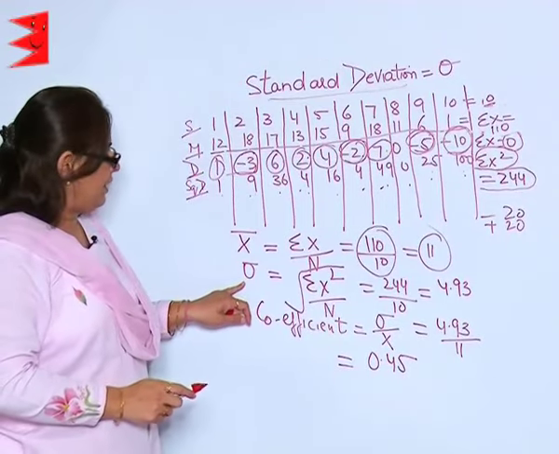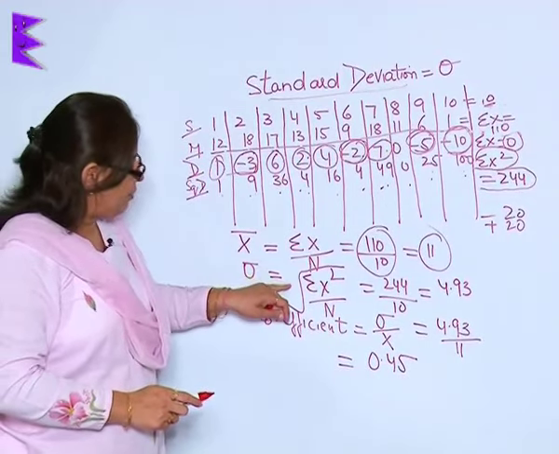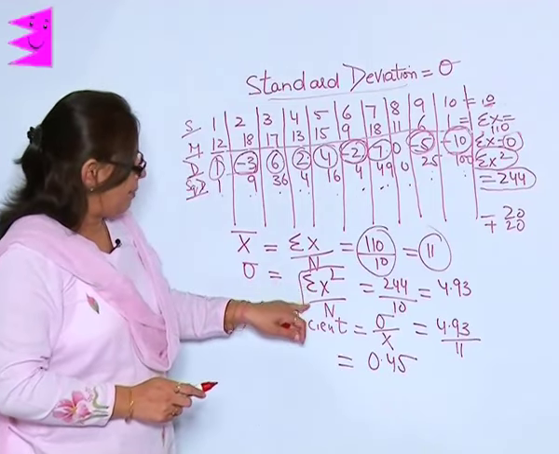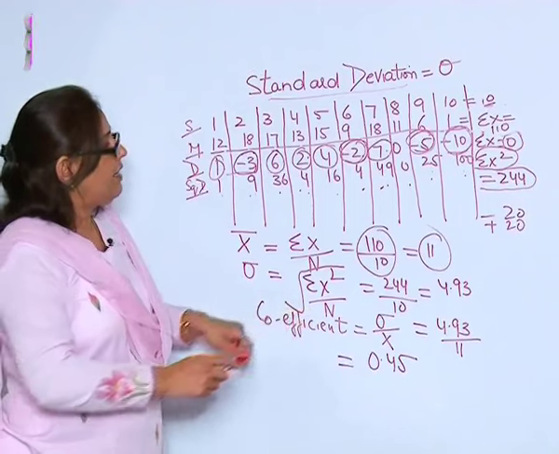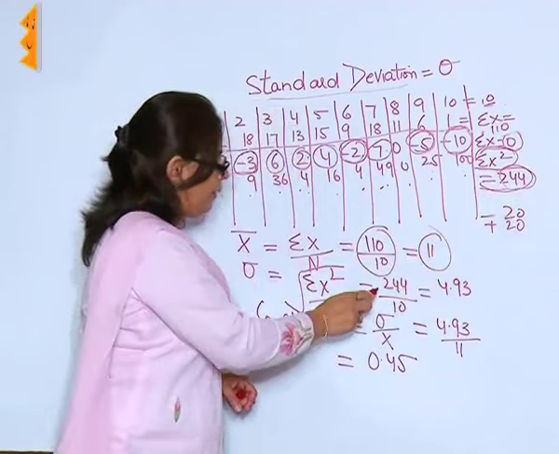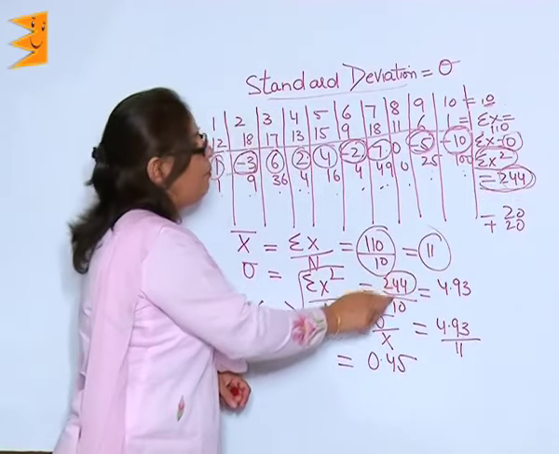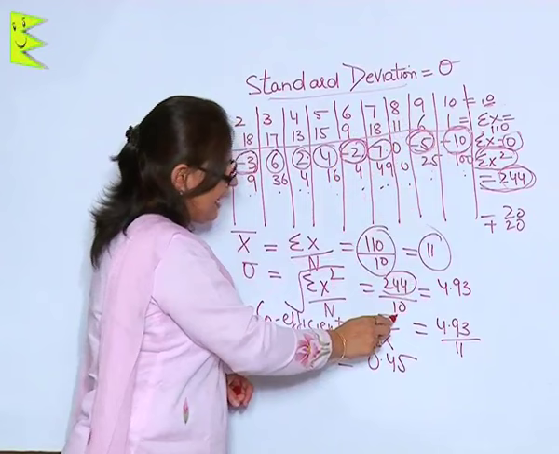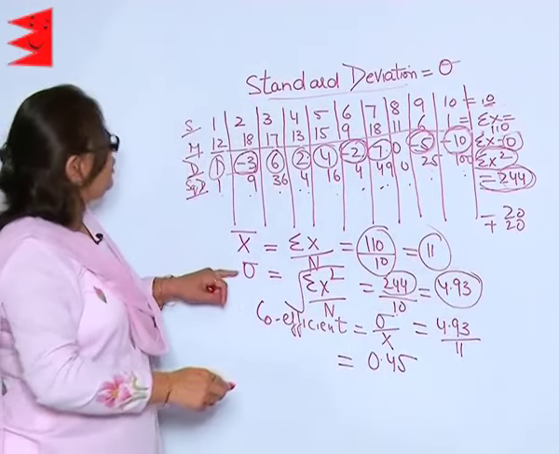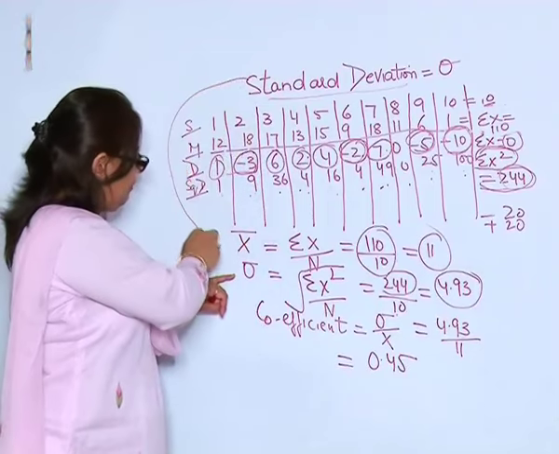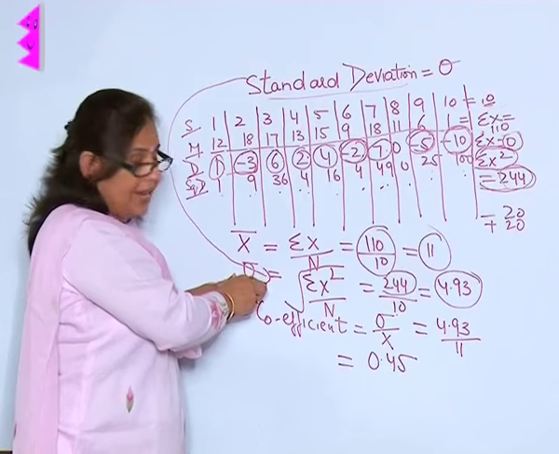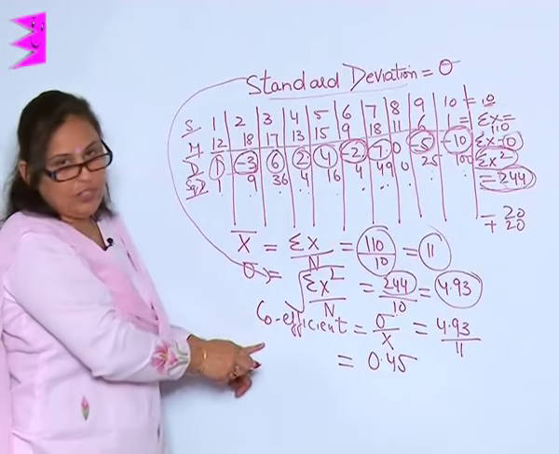To find out the standard deviation, the formula to be calculated is the square root of sigma x square upon n. And sigma x square that we have calculated is 244, which means 244 upon the number of observations, that is 10, will give me 4.93. Now this was the standard deviation that we have calculated, but we also have to find out the next one, that is the coefficient of the standard deviation.